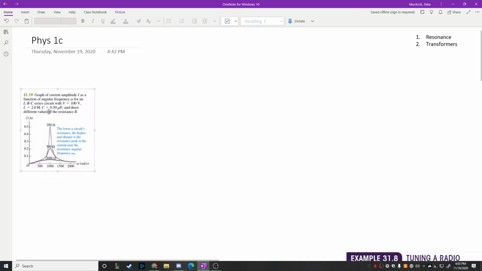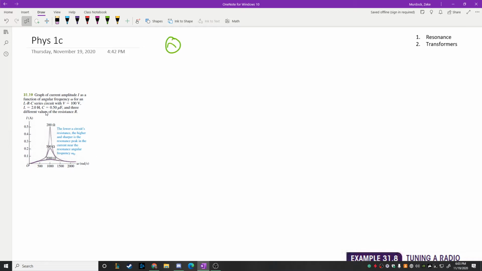So we talked last time about AC circuits, and the type of AC circuit that we talked about, just to kind of run back through it, was one in which you had a voltage source that looked something like this in the circuit diagram, connected up in series to an inductor, a capacitor, and a resistor, like that.